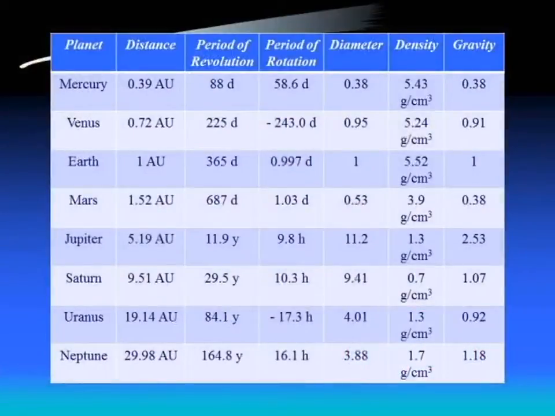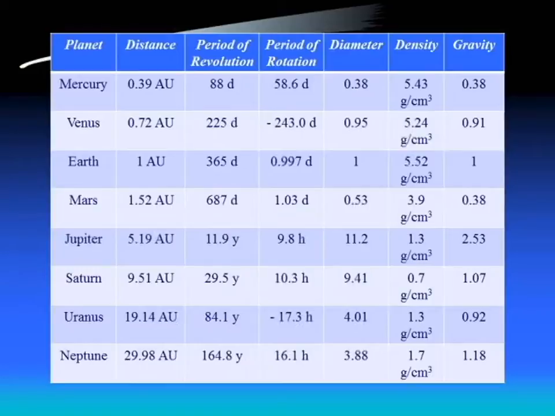So let's go ahead and start with this table. What I try to do is list all the planets and then give you a feel for those numbers. If you can see across the top, I've got planets. There's the distance in terms of astronomical units. The period of revolution around an object, so you revolve around an object.